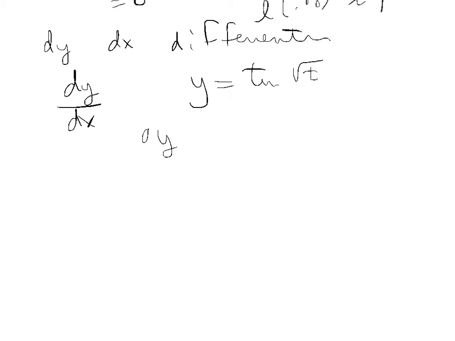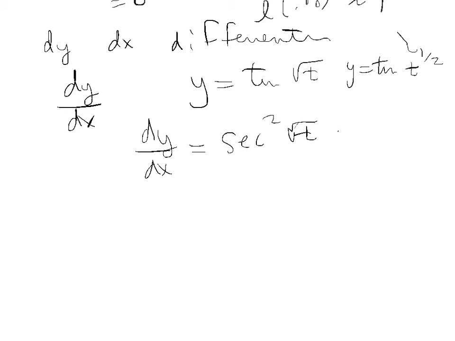So what you do is you say, well, dy dx is, and you find the derivative. The derivative of tan is secant squared root t, and then you use the chain rule. I'm going to rewrite this just so you know, root t would be t to the 1/2. The chain rule says it would be 1/2 t to the negative 1/2.